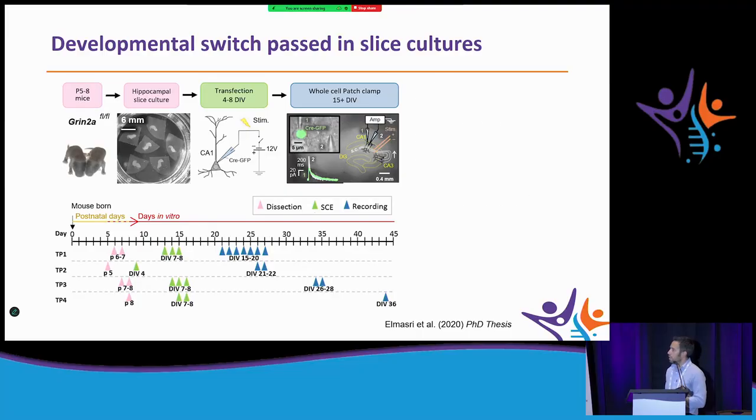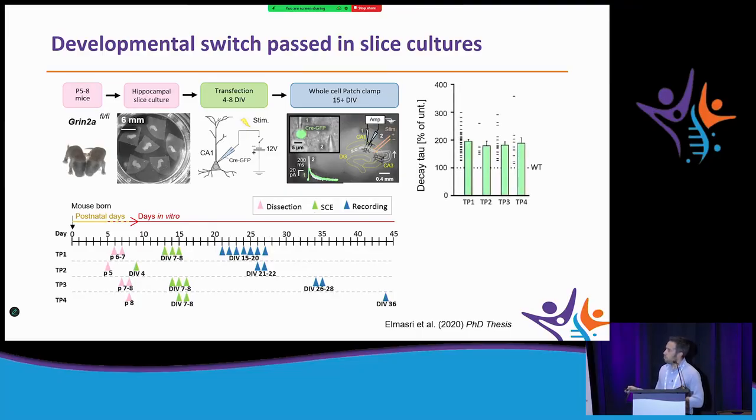And what we noticed was that we don't really see much in the way of changes in the decay time constant of those NMDA receptor-mediated EPSCs. So this suggests to us that we've already passed that developmental switch in this particular system, and so in its current form it's not suitable for us to address these questions about development.